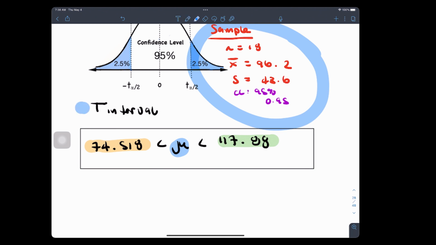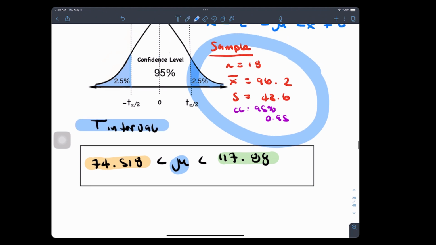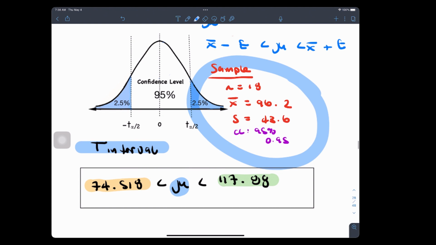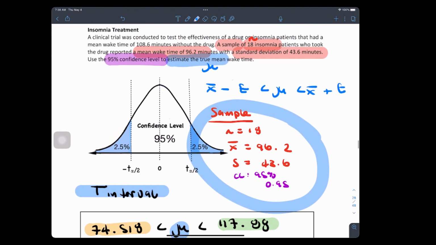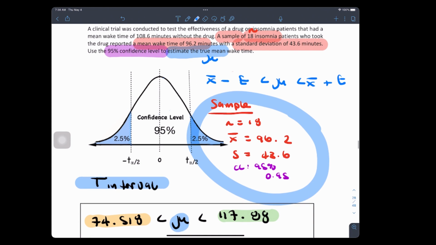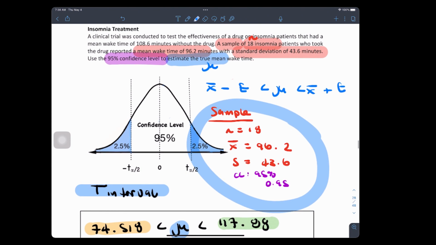You use T interval. So the true mean wake time is between 74.5 minutes and 117.888 minutes. I don't know, maybe the drug helped, but that's how you go about doing the data analysis on this, ladies and gentlemen.